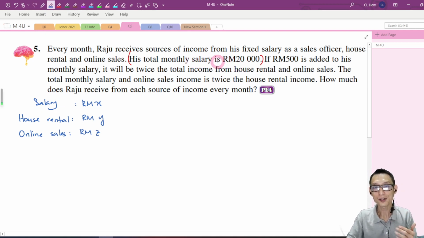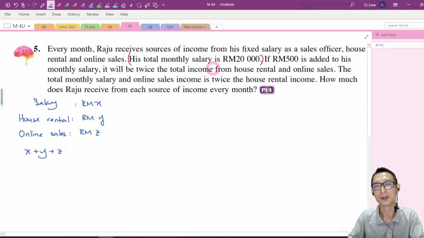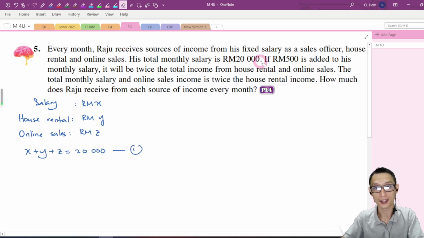So the monthly salary here means the sum of these three sources of income. So I'm going to write the first equation as x plus y plus z, which means total income, is equal to 20,000. First equation. Now let's go to the second equation.